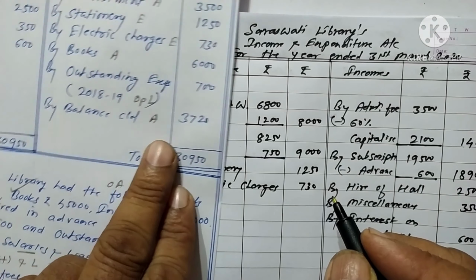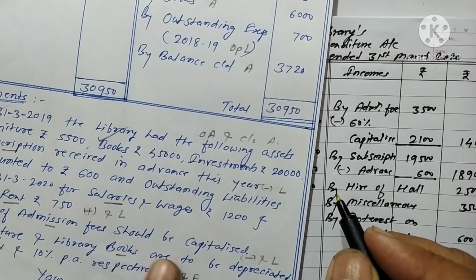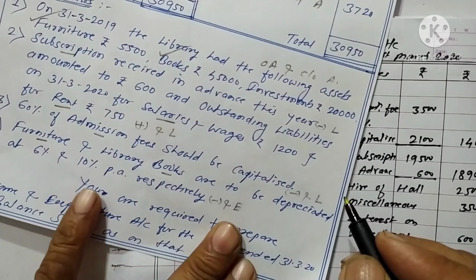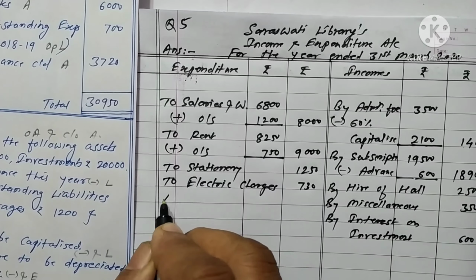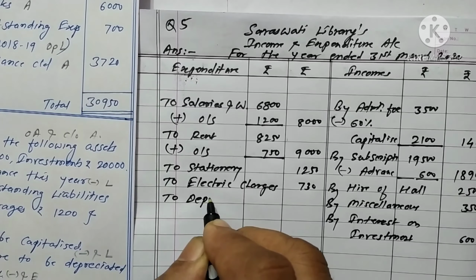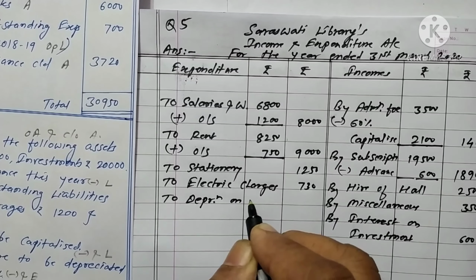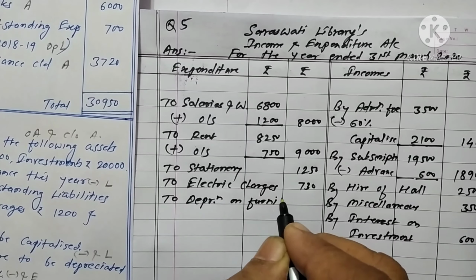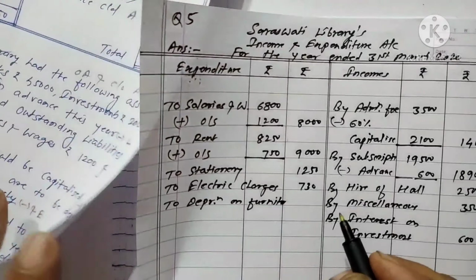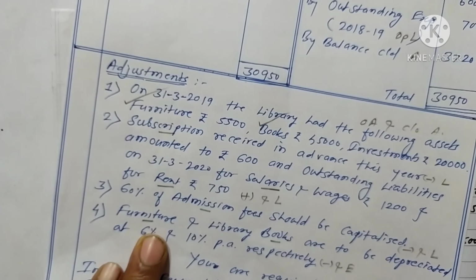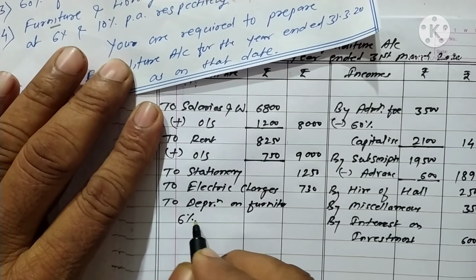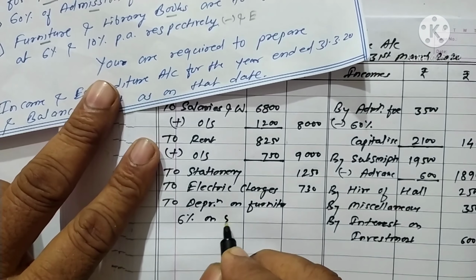Now see the next item. We have to find out the expenses. Here depreciation we have to write. To depreciation on furniture. It's 6% on furniture 5,500. We calculate here, it is 6% on 5,500.